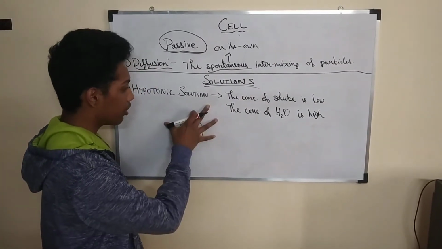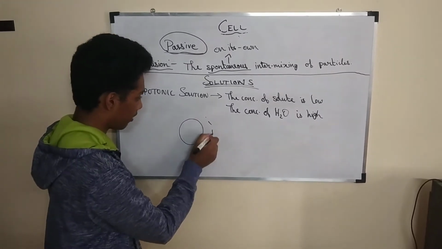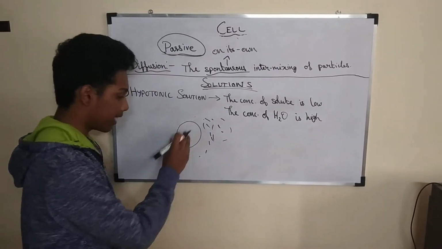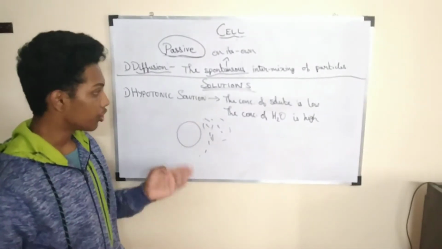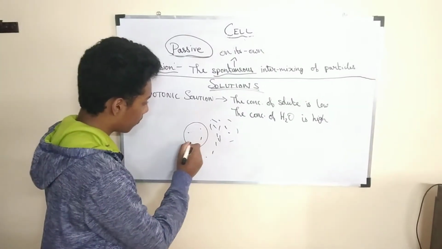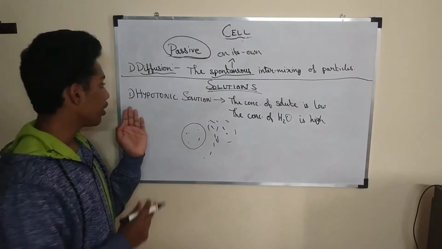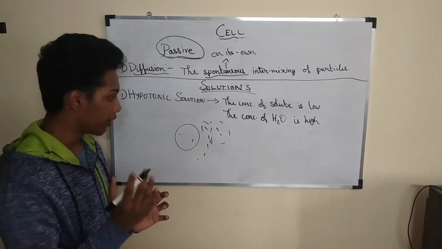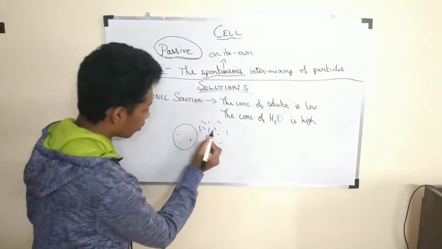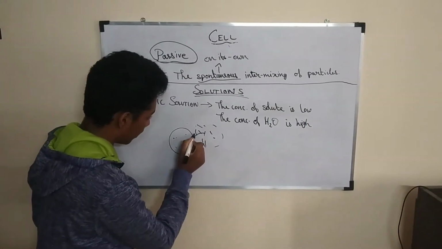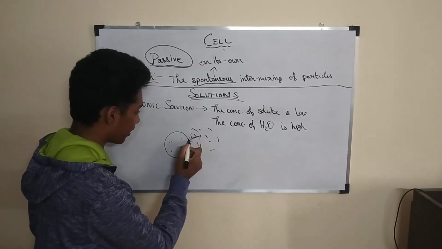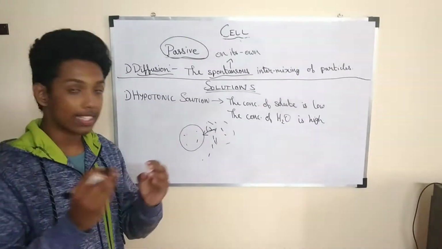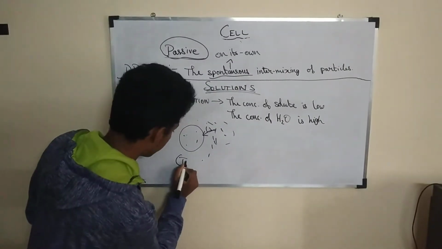The concentration of H2O is high here, and the concentration of water inside the cell would be low. Thus, according to osmosis, the movement of higher concentration water molecules to lower concentration, all these water particles will move inside the cell, making the cell turgid. If it is a plant cell, it will be turgid because it has a cell wall. Turgid in plant cell.